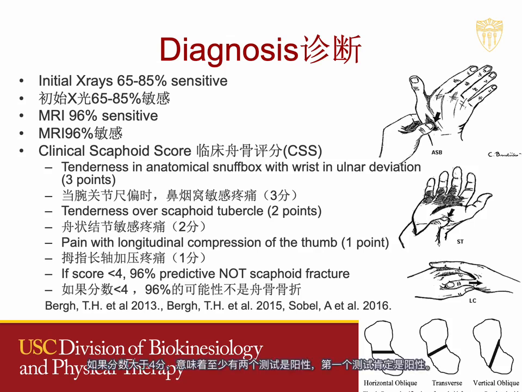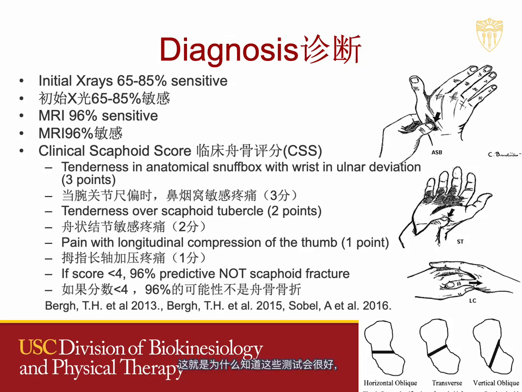So if there's a score of 4 or greater, meaning at least 2 of these are positive and the top one definitely is positive, that is concerning. But if the score is less than 4, so the top one's not positive but the other 2 are positive, or just one of the other ones is positive, then it's 96% likely that it is not a scaphoid fracture, okay?